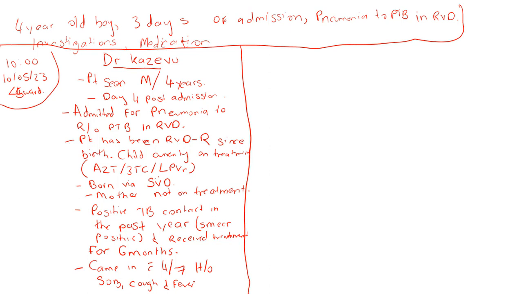Then the next thing that you're going to be asking this mother, or as you are interviewing the guardian, is, has there been any significant improvement since the time the child has come? So the mother notes improvement in child's condition.